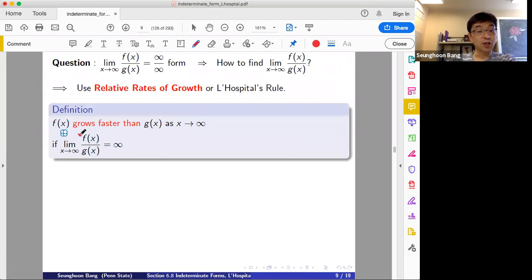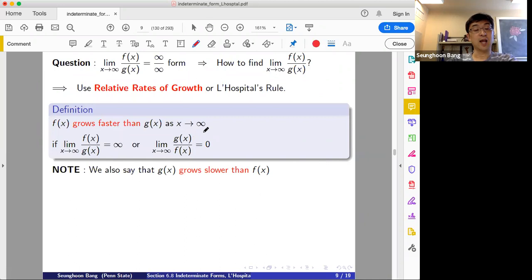The top one is growing faster than the bottom one. In other words, interchange the top and the bottom: the limit of g of x over f of x is going to 0. What does it mean? The bottom one is growing faster than the top one. One more: we also say that g of x grows slower than f of x. That's right. It's another way.